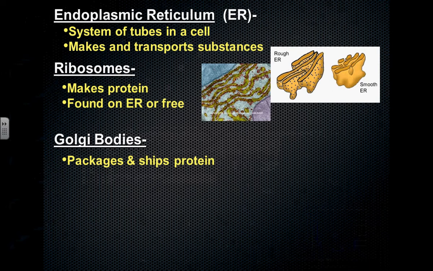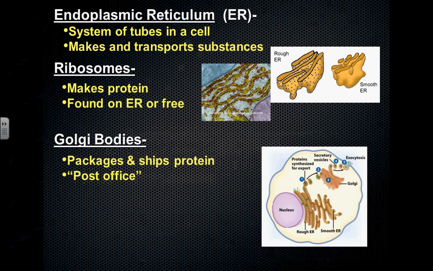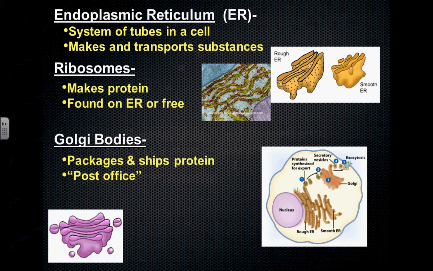Once that insulin's made within the cell, it goes to the Golgi body to get packaged up to leave the cell. You could think of it as the post office of the cell, packaging these things up to be shipped out. I always say that they look like a stack of pancakes with drops of syrup. I like to compare organelles to food for some reason. So these are the Golgi bodies, this stack of pancakes with the drops of syrup.